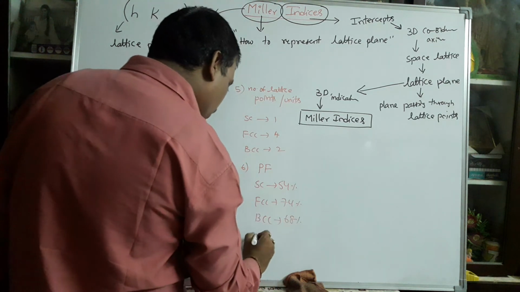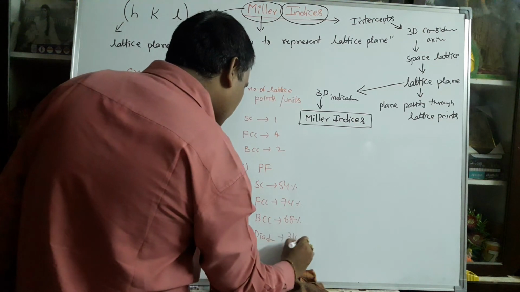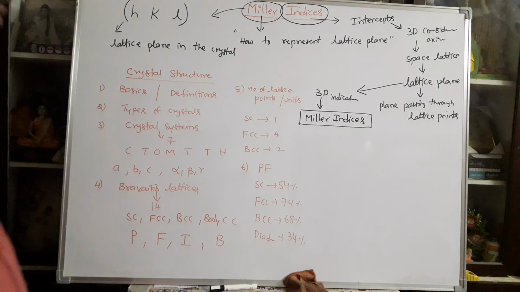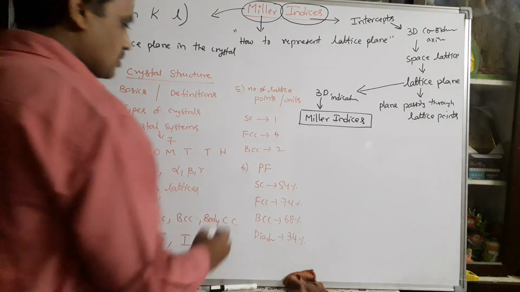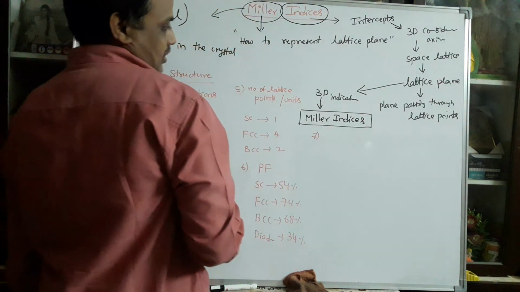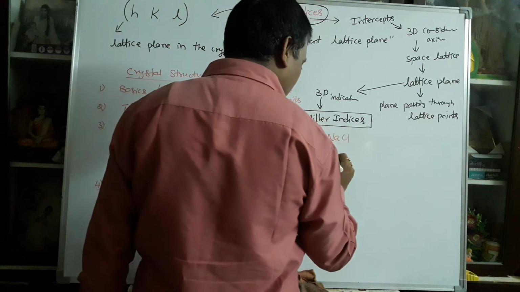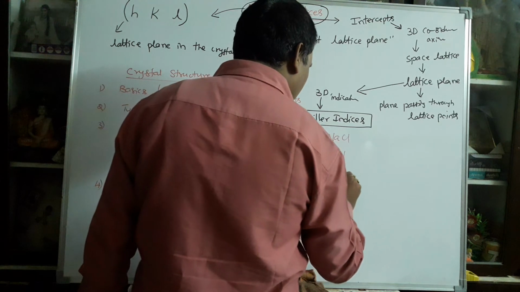Then we went to diamond also. Diamond is only 34%, so the weakly bound structure is only diamond. After completion of this, we went to the structures of NaCl, second one cesium chloride, third one diamond.